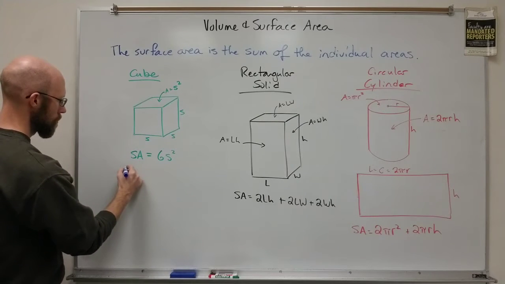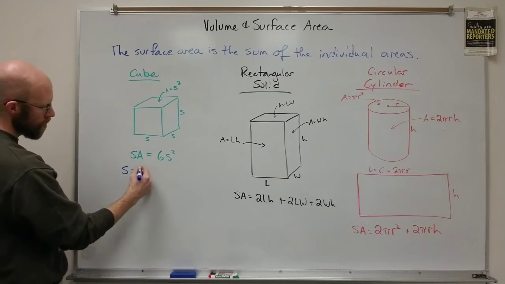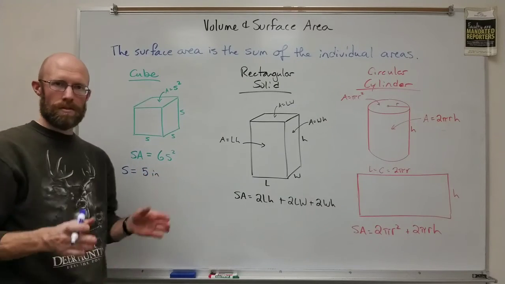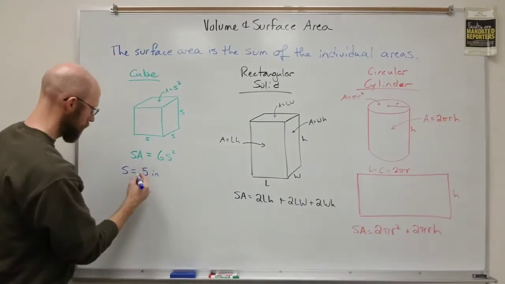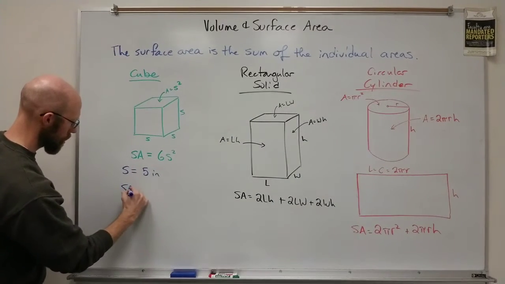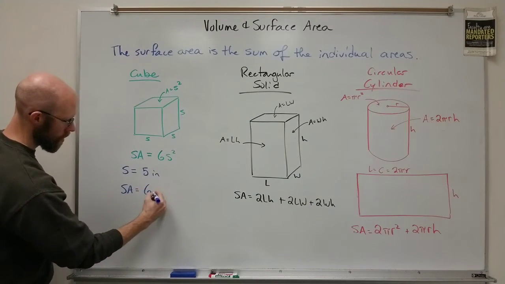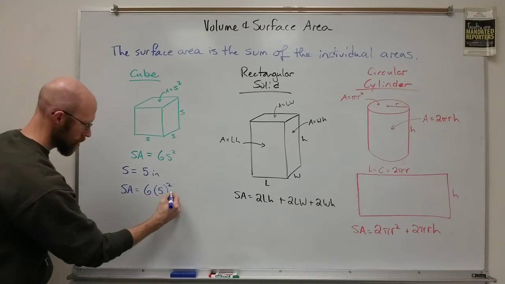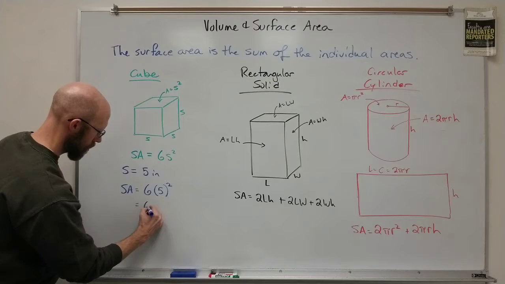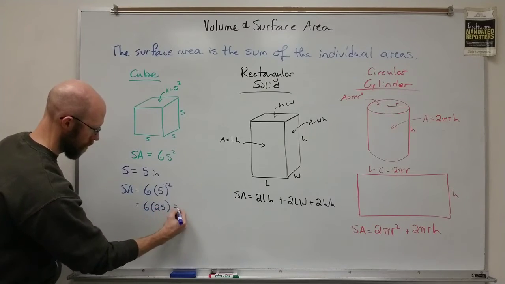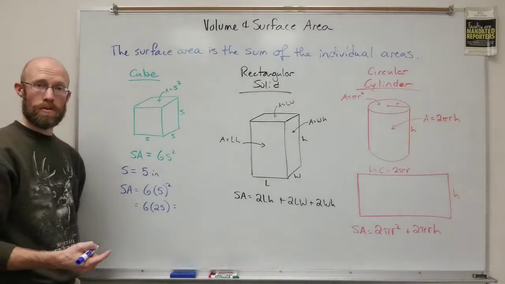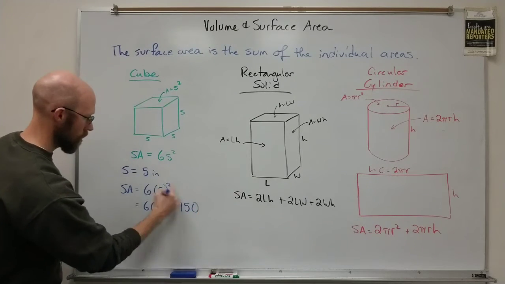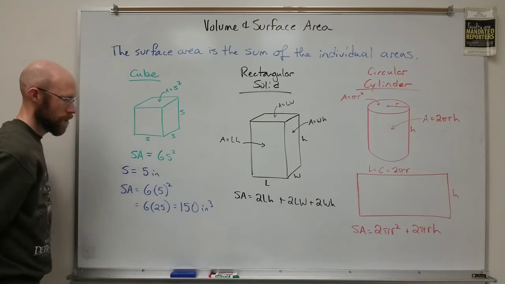Let's say your side for the cube was 5 inches, you have a little 5-inch cube. Then the surface area can be found quickly as 6 times 5 squared, or 6 times 25. 6 times 25 is 150, so that's 150 square inches.